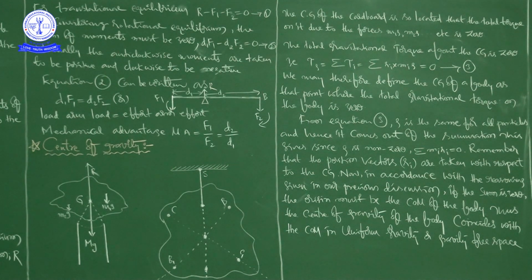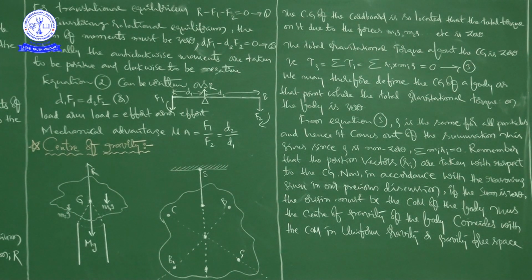So there are torques on the cardboard due to the forces of gravity like M1G and M2G, but they balance each other, acting on the individual particles that make up the cardboard. Torque is perpendicular distance into force.